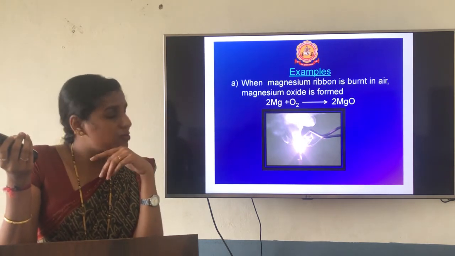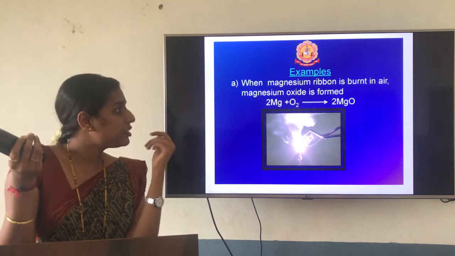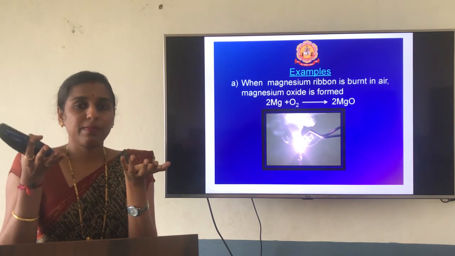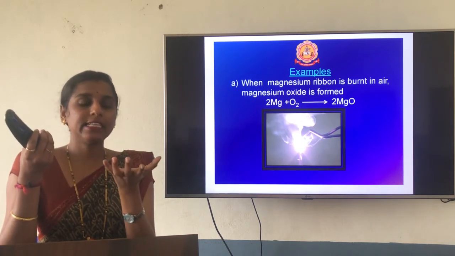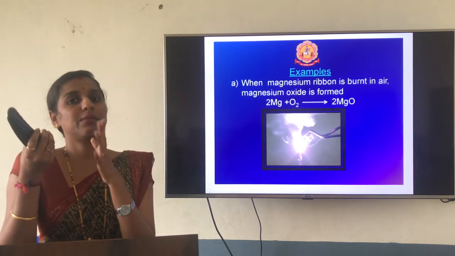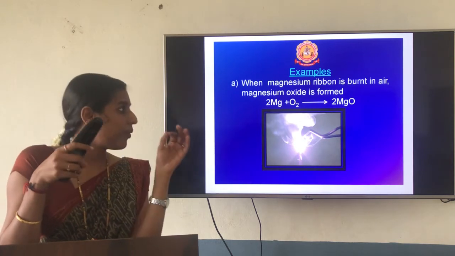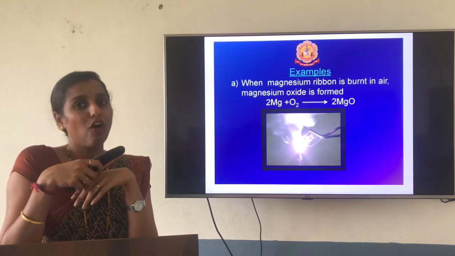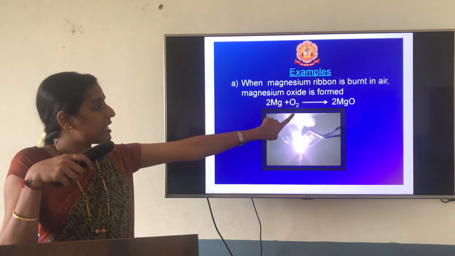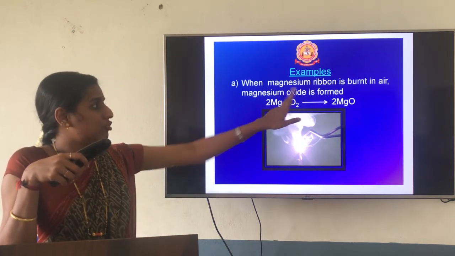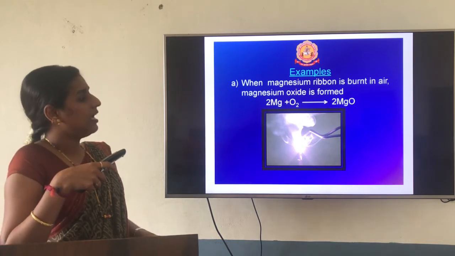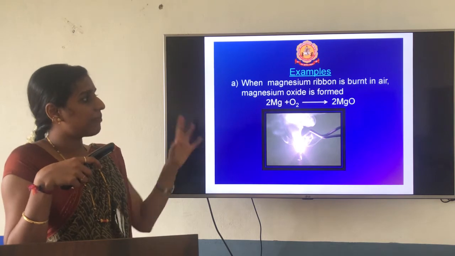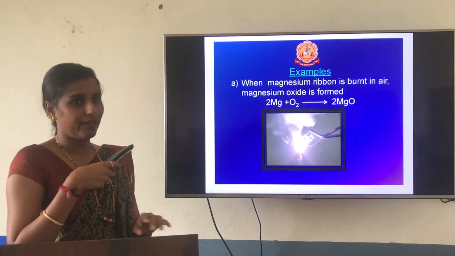Here we are going to burn magnesium. Combustion should be done in the presence of oxygen, so magnesium and oxygen combine to give magnesium oxide. You get dazzling white fumes, so you can make out that magnesium oxide has been formed.